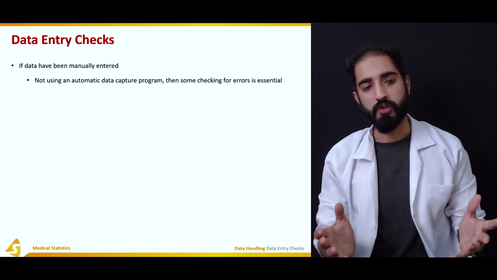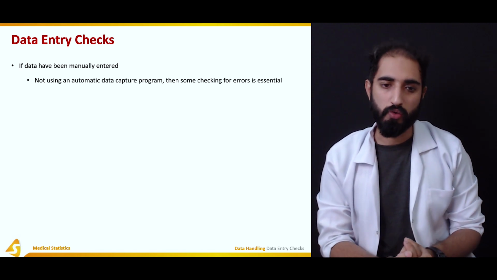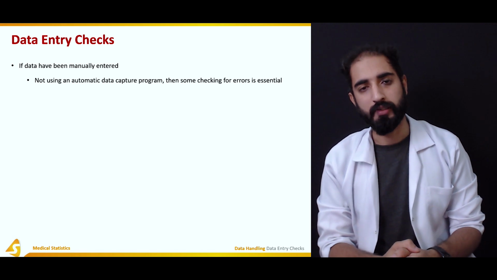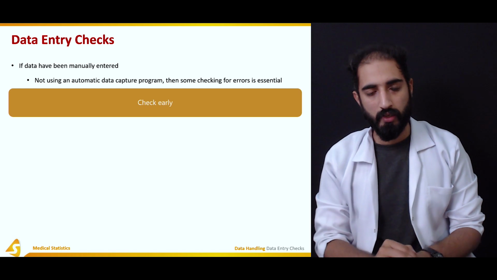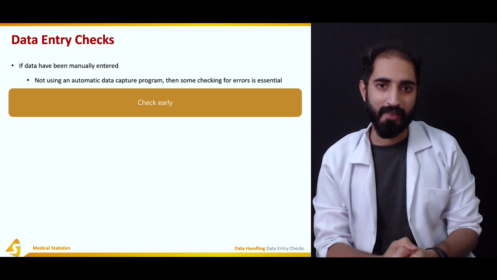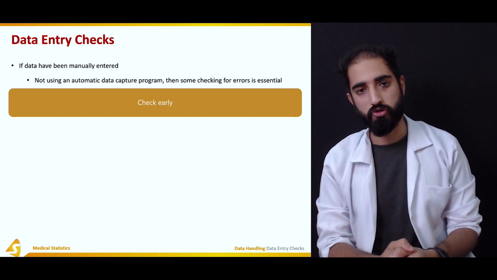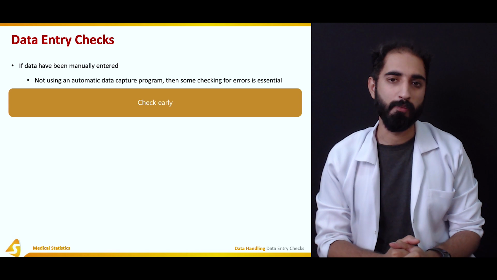So data entry checks. If the data has been manually entered and not using an automatic data capture program, then some checking for errors is essential during the research process. The things that we can do to ensure good data quality and proper checking of the data entry is, first of all, check early, because that is the best thing that you can do.